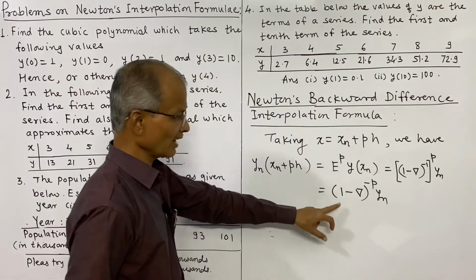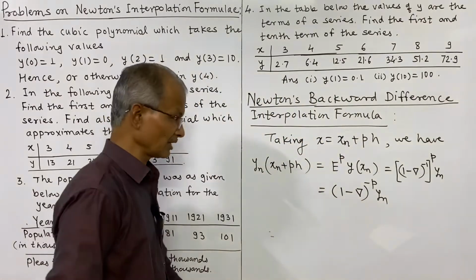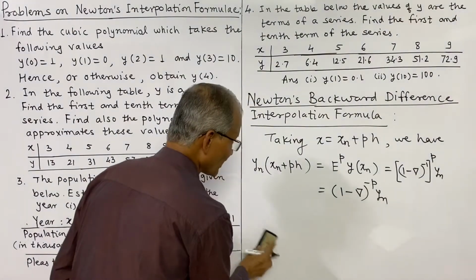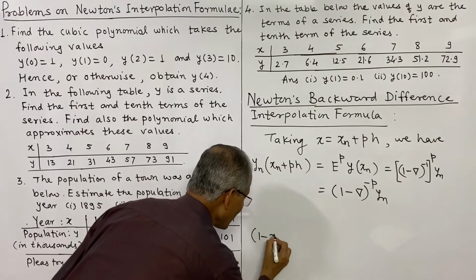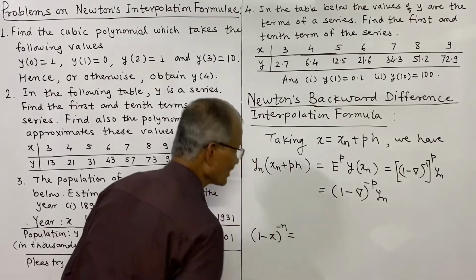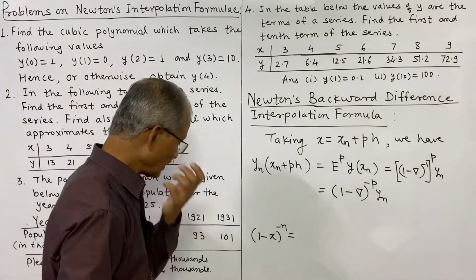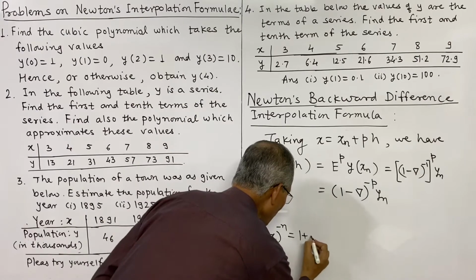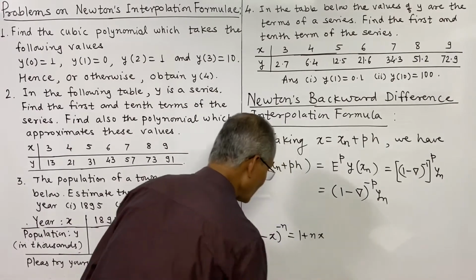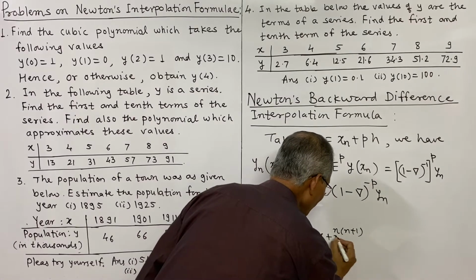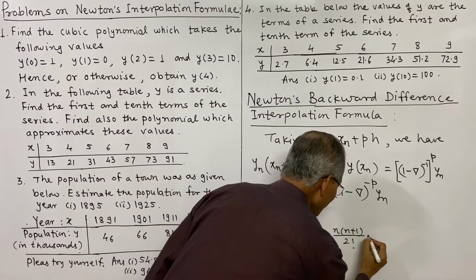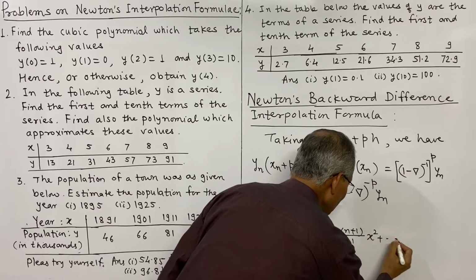Now we can expand this using the binomial theorem. What is the expansion of (1 minus x) to the power minus n? We can use this formula: 1 plus nx plus n(n plus 1) divided by 2 factorial x squared, and so on.